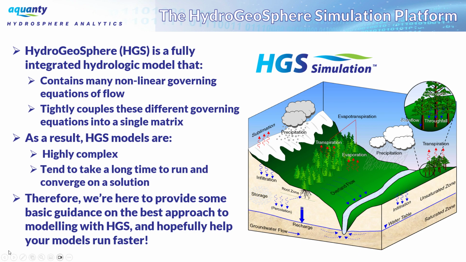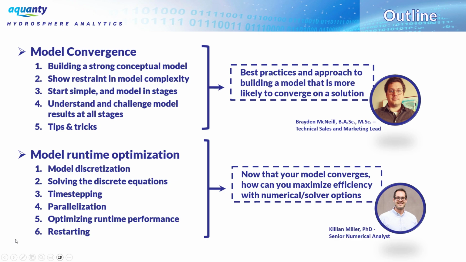The webinar today is going to be split into two main sections. The first part of the webinar will be delivered by me, Brayden McNeill. I'll be talking about model convergence and how to build a strong conceptual model, and essentially a very broad overview of the modeling process and the approach that you should take to be most successful when building these HydroGeoSphere models.